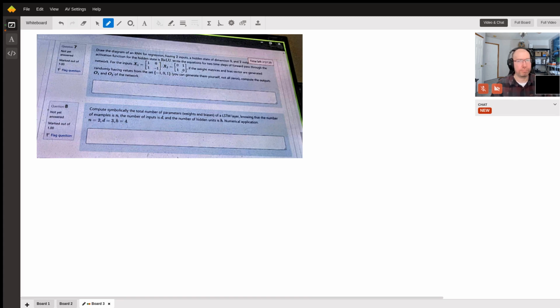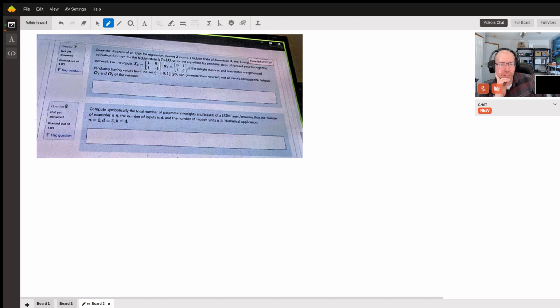Yeah, like the input length does not... Okay, the number of inputs shouldn't really matter because the LSTM unit is the same regardless of the input.